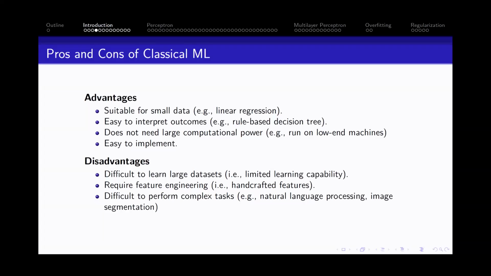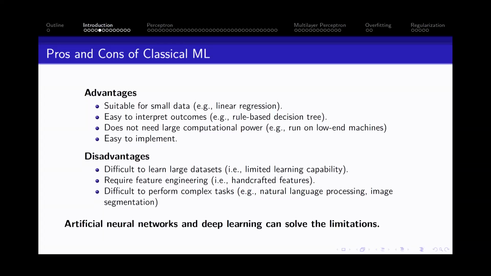For those kind of tasks, you definitely need a more complex model rather than just classical models that you learned in the previous class. So this is where artificial intelligence, artificial neural network and deep learning can come in and overcome those limitations that we had with classical machine learning.